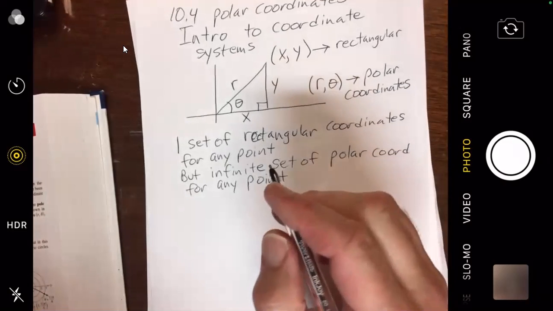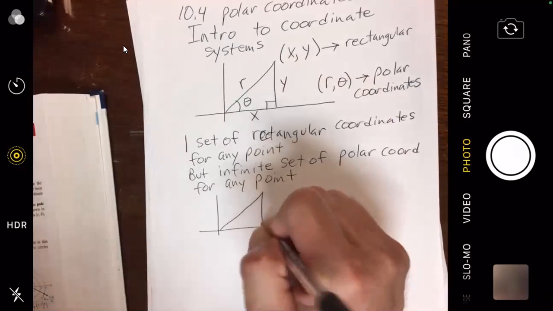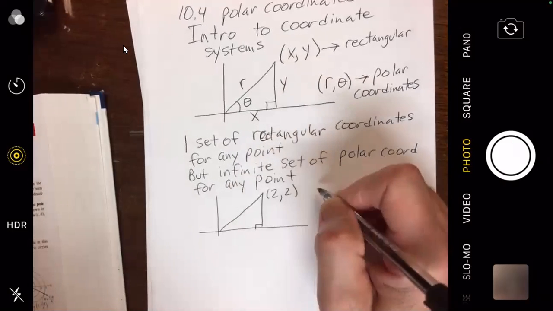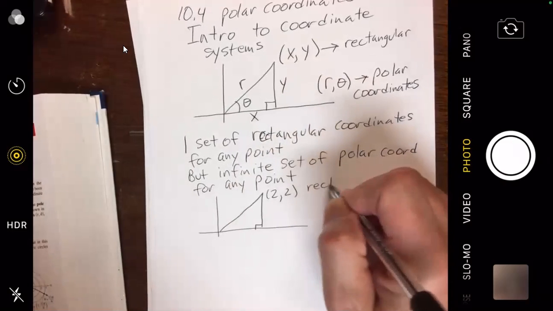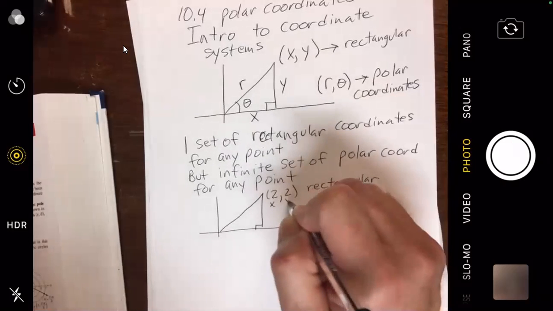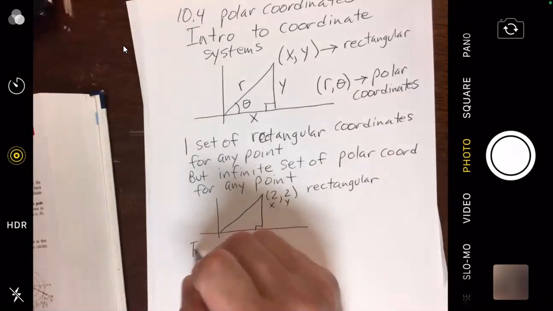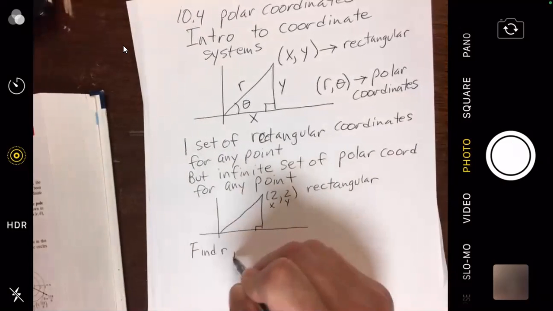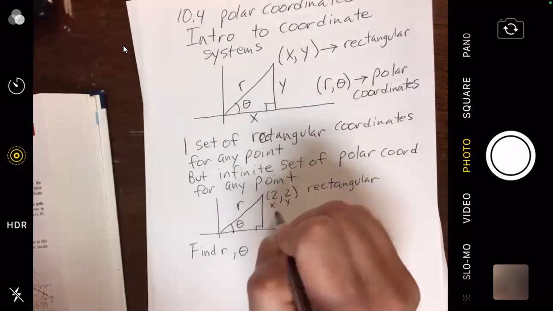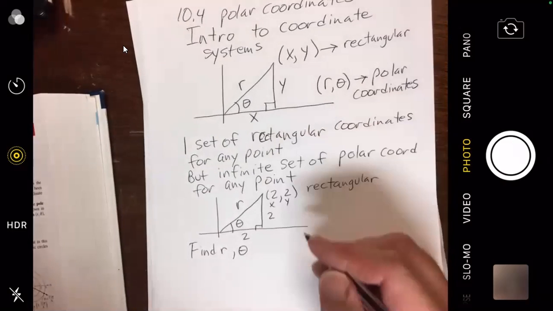All right, let's use some numbers, try to make this more concrete. Let's just use 2 and 2. So this is rectangular, which means this is X and this is Y. And I'm supposed to find my R and theta. On the triangle, this should be 2, this should be 2. It's pretty straightforward.